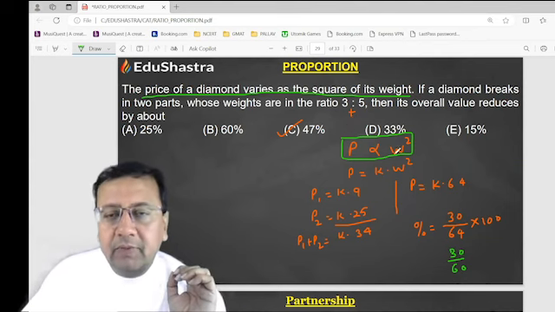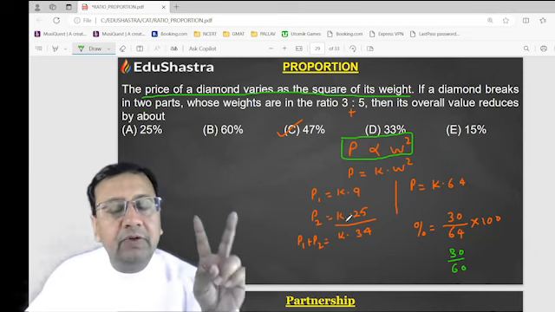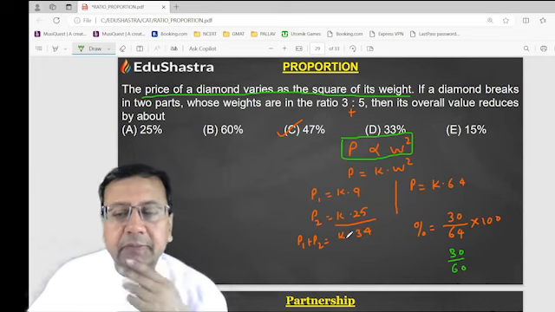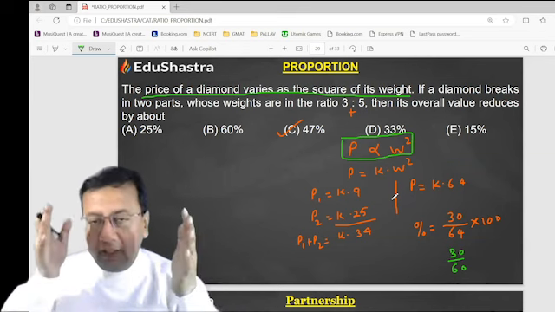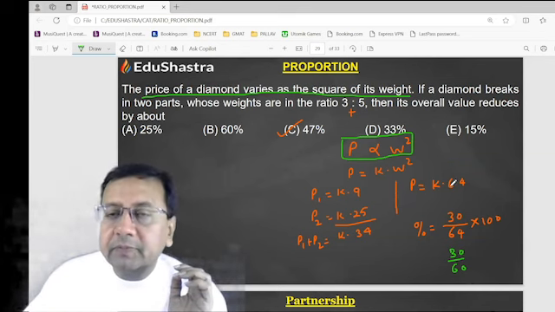Putting W as 3 and W as 5, first is 9k and second is 25k. So total price of two individual parts is 34k, and if this is one intact diamond, the total price should come as 64k.